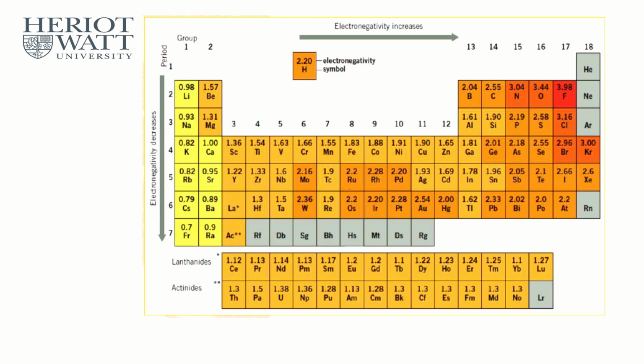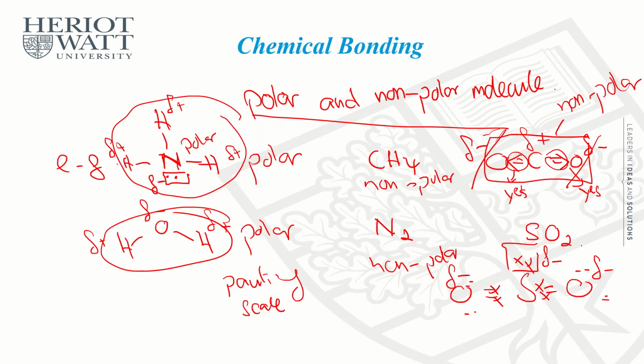You can see now, here is oxygen. I have 3.44 as a measure of the electronegativity, and then we have sulfur here, which is 2.58. Now, which one is higher? Oxygen. So oxygen will be more electronegative than sulfur, and that's the reason why sulfur will become positive, and oxygen is maintained as negative.